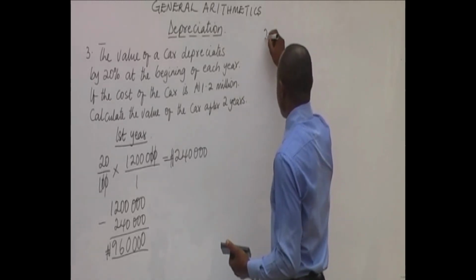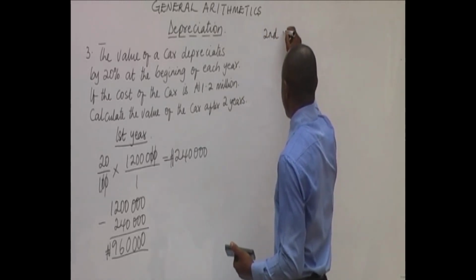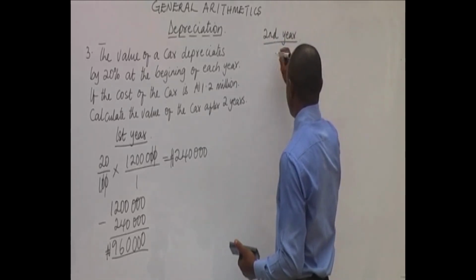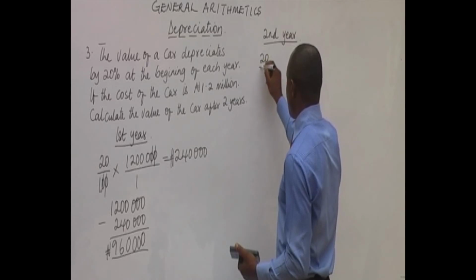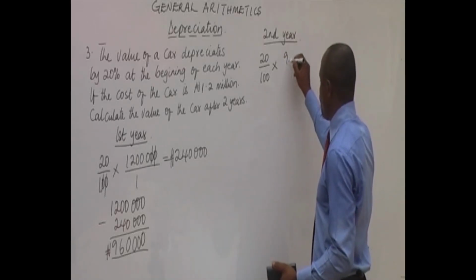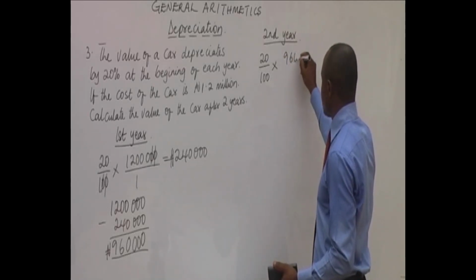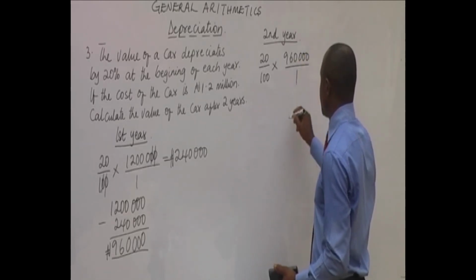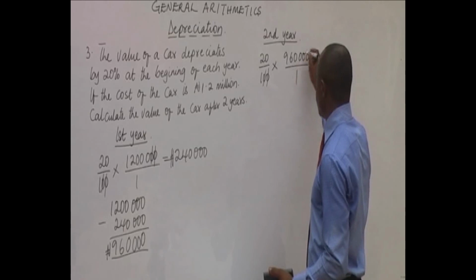So now in the second year, let's calculate the depreciation again. It will still depreciate by 20%. That means 20 over 100 times the value now, which is 960,000. Cancel this and cancel this.